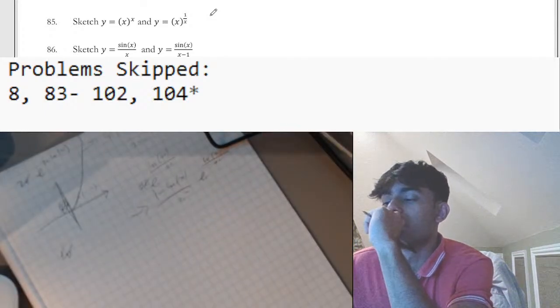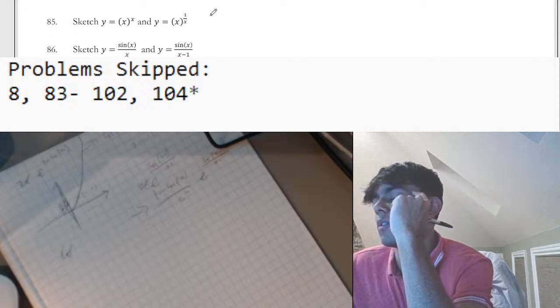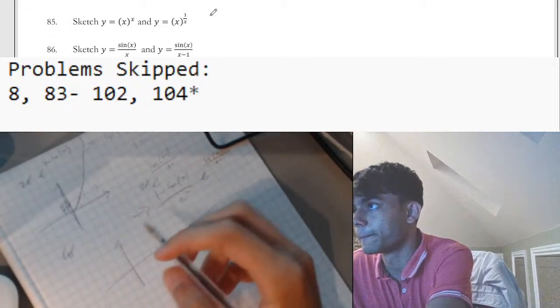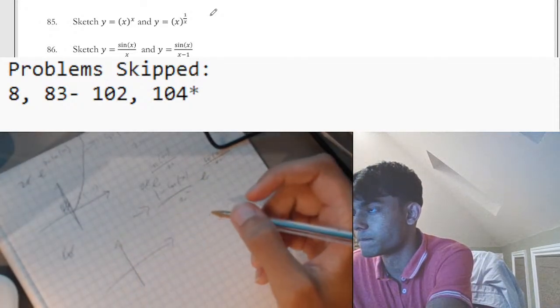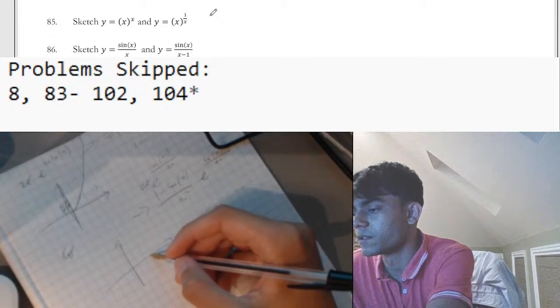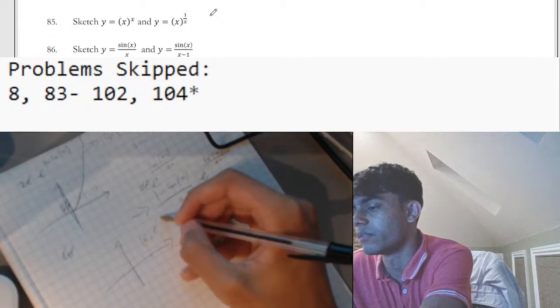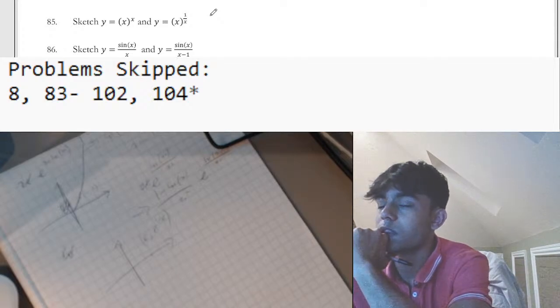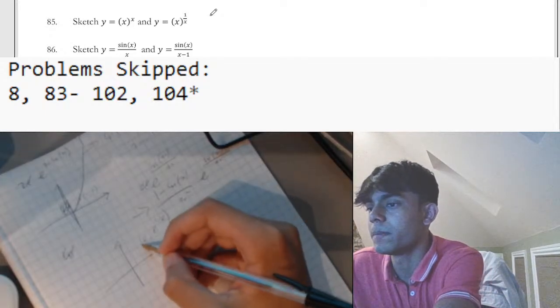Okay, so this is 0 when x is e. Yes, you have a turning point at x equals e. So you have e and e to the 1 over e as a turning point.